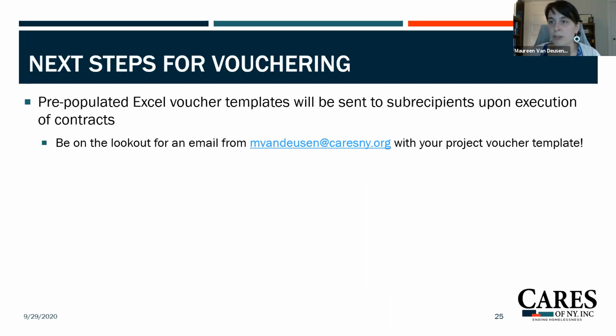With the voucher process that we've created, it will be super easy to pull any reports at any time about what people have spent so far, what people have vouchered for. So we will have that information for you, at the ready. All projects will have their own pre-populated Excel voucher with those budget breakdowns. You can expect to get those from me. There's my email address, so be on the lookout for that.